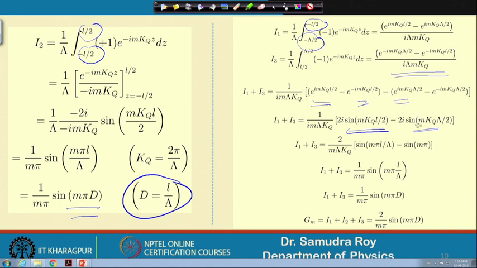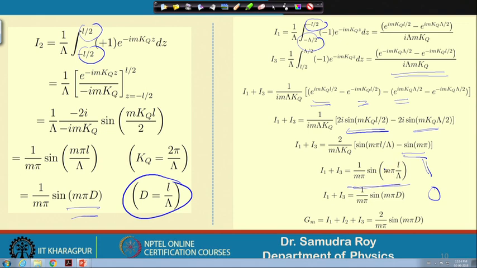So, when we add these two, then we find that k_q lambda by 2 basically gives me sine of m pi, which is 0, because we know that sine of m pi, where m is an integer, is 0. So, eventually I 1 plus I 3 is 1 by m pi sine of m pi L by lambda.